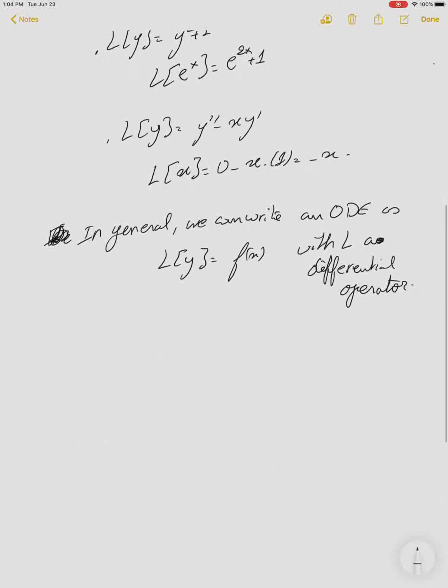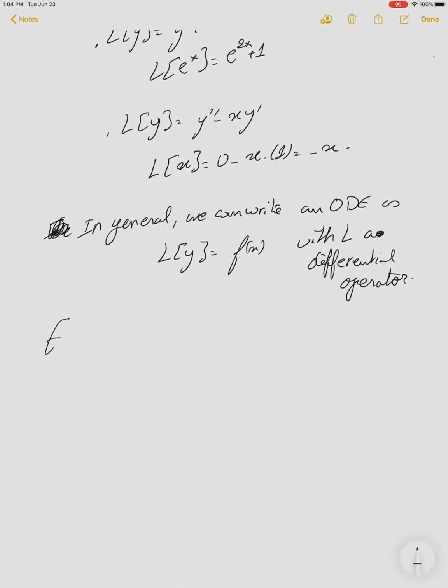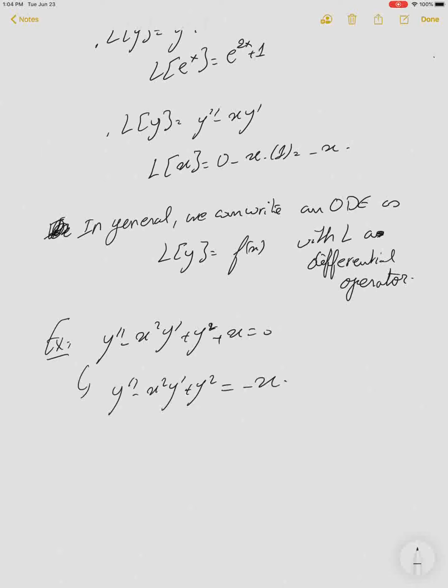Okay. Let's say an example. Let's take, for example, the ODE y second minus x squared y prime plus y squared plus x equal to 0. So I can write this ODE as: everything that depends on y, I keep it on one side. Everything that's independent of y, I bring to the other side, equal minus x. Then I define the operator L of y equal y second minus x squared y prime plus y squared.